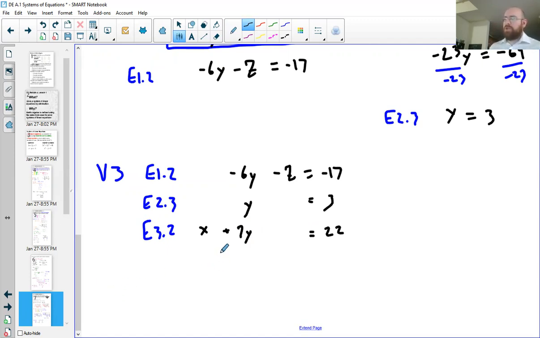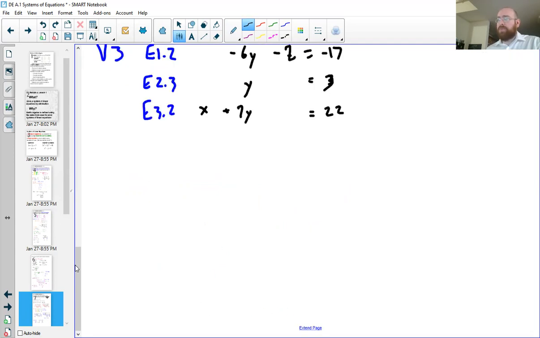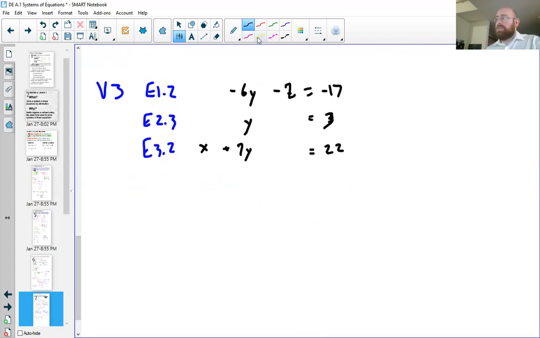Notice that we have two equations that don't have x, two equations that don't have z, and now we have one equation that's just y equals. So we can use this equation to cancel out the y's from equation 1 and 2. Let me pick this color. I don't think I've used it yet.